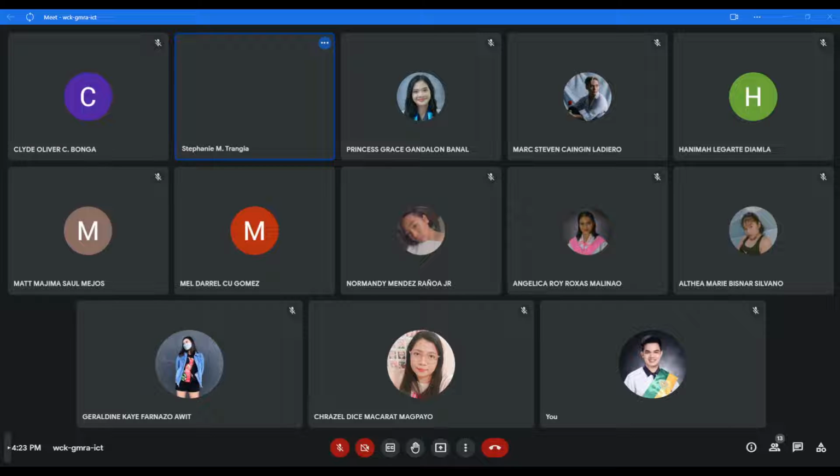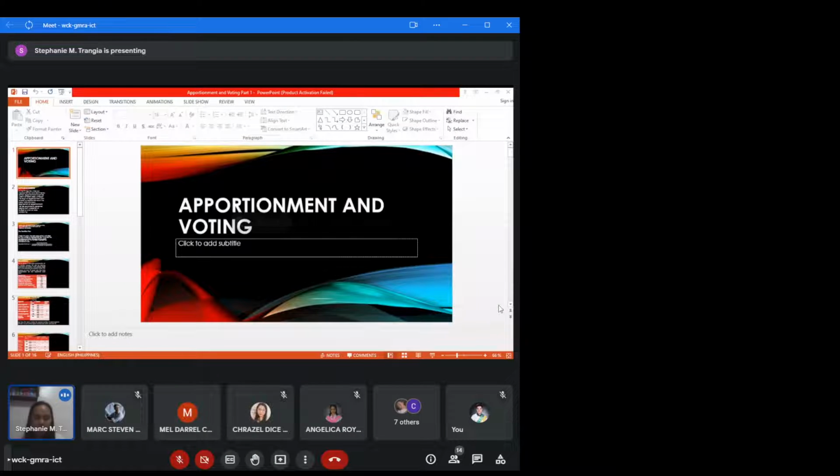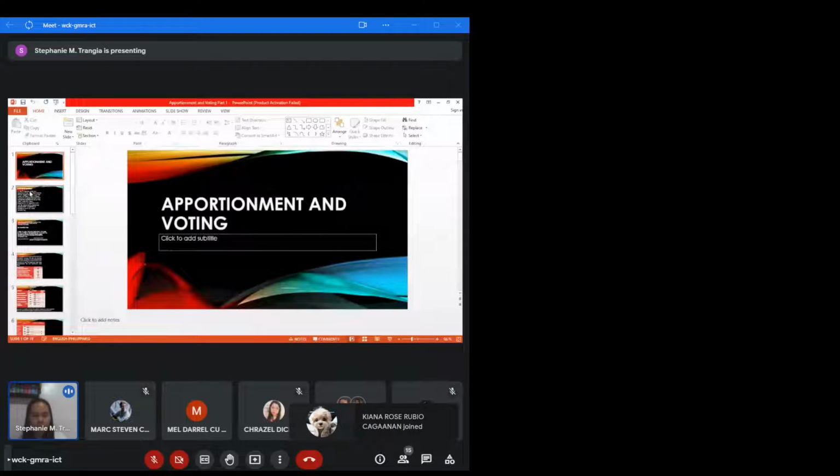Any questions before we start? Later na lang ha. I'll just finish everything first and then we'll discuss matters later. For the semi-final term, we will have apportionment and voting. So we'll start with apportionment.